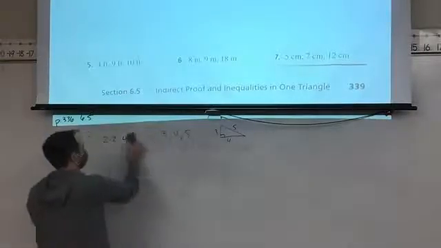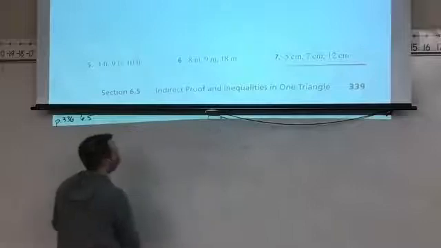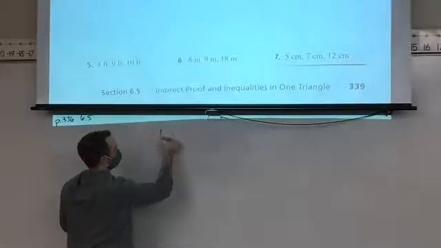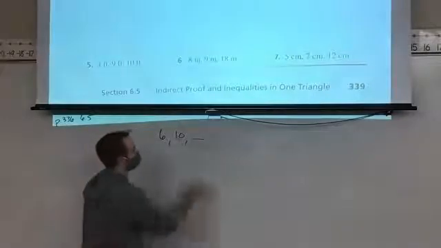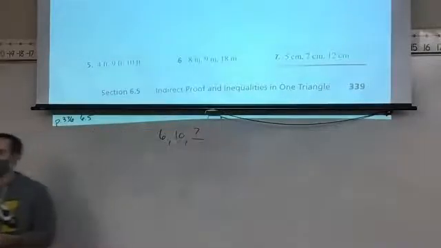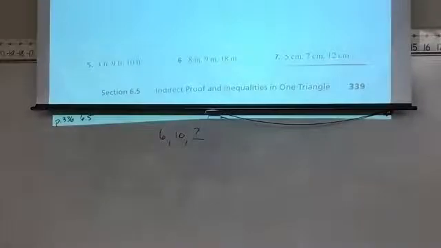The other part to this is going to be giving you 2 lengths and asking what could that third length possibly be? So I want you to talk to somebody here. I'll give you 30 seconds to talk to somebody.